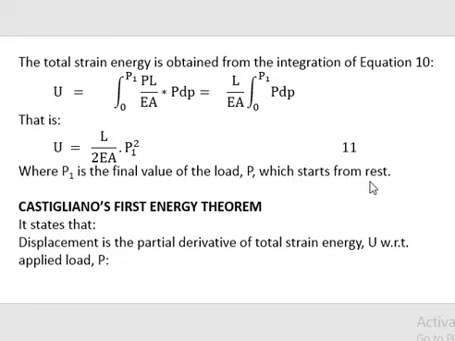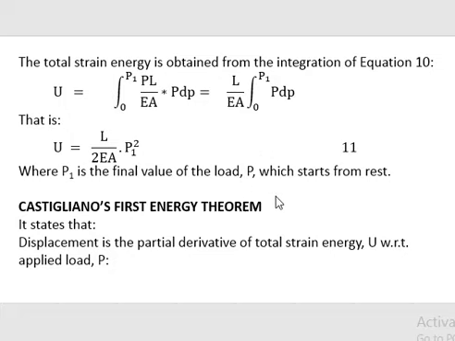The load starts from rest, that is, the initial applied load is 0, to the final value of the load, which is P1. So equation 11 is our total strength energy equation. At this point, we have obtained our basic equations. The next stage is to move into Castigliano's first energy theorem.